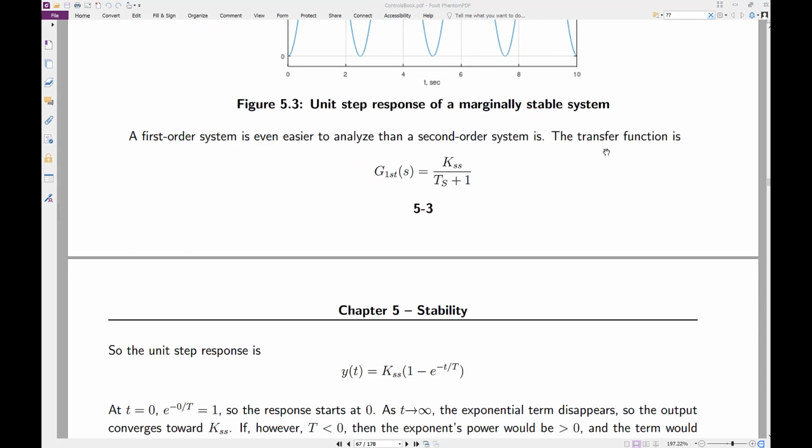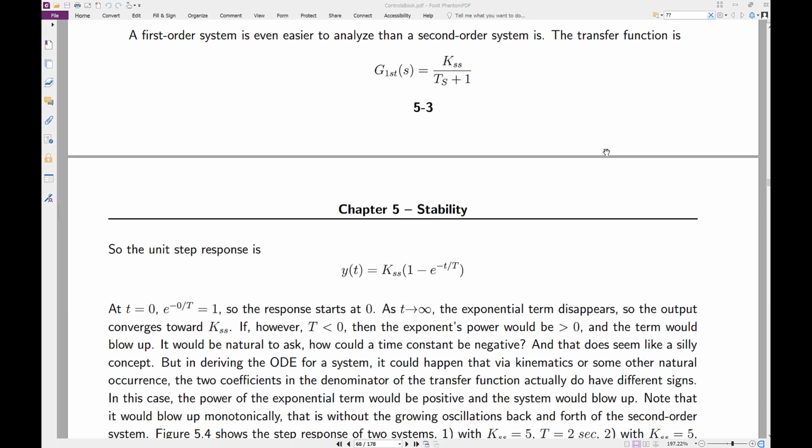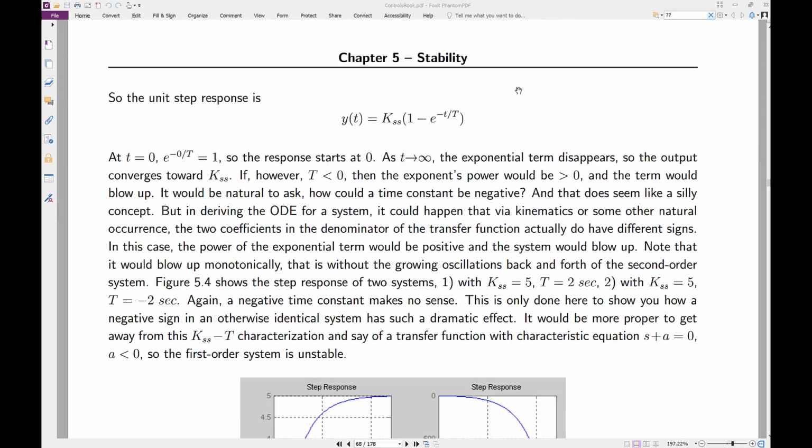The next part of the discussion is about first-order systems, and they're simpler than second-order systems, obviously. There's a transfer function for a first-order system, and then the step response for the first-order system is given here as opposed to the one that we had above.